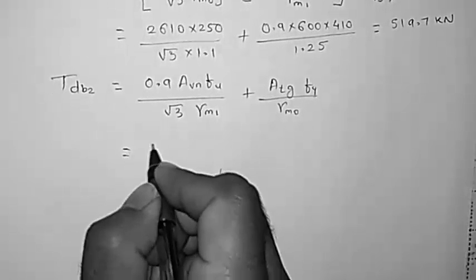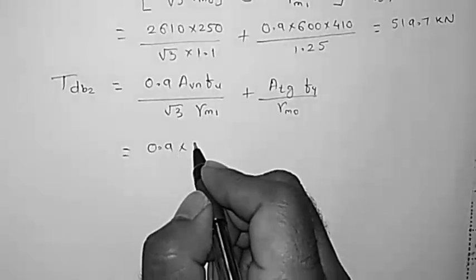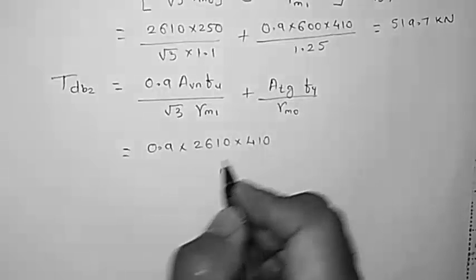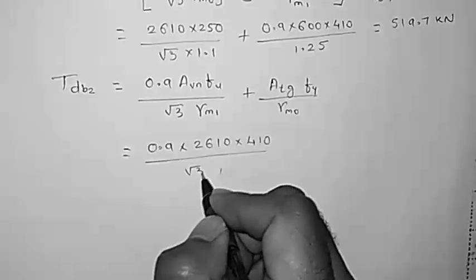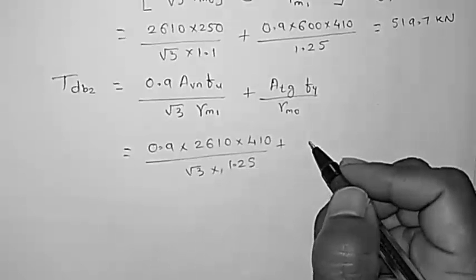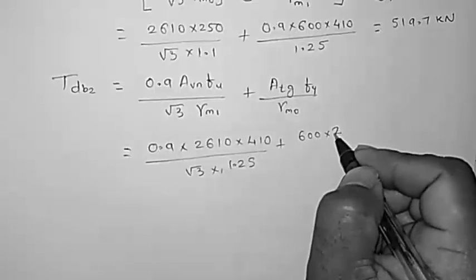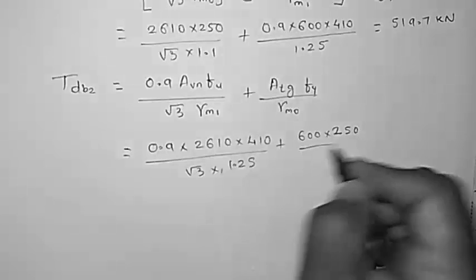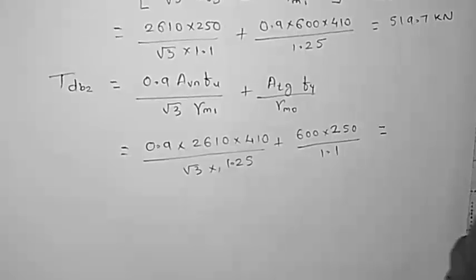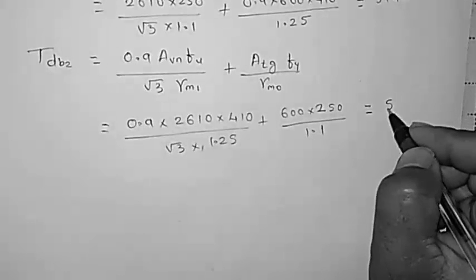So this is 0.9 into AVN, you got it here 2610. Fu is 410 divided by root 3 into gamma m1, that is 1.25, plus ATG, that is 600, multiplied by this is 250 divided by gamma MO, that is 1.1. So this is around 581.6.